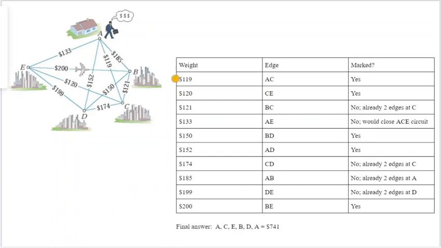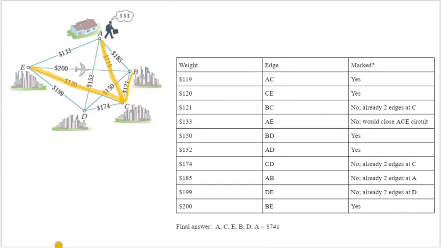I have ranked all of these edges from smallest to largest weight. So the cheapest is $119, and that goes from A to E. So we can go ahead and mark it. The next cheapest is $120, that goes from E to C. Okay, so we can mark that. The next one is $121.